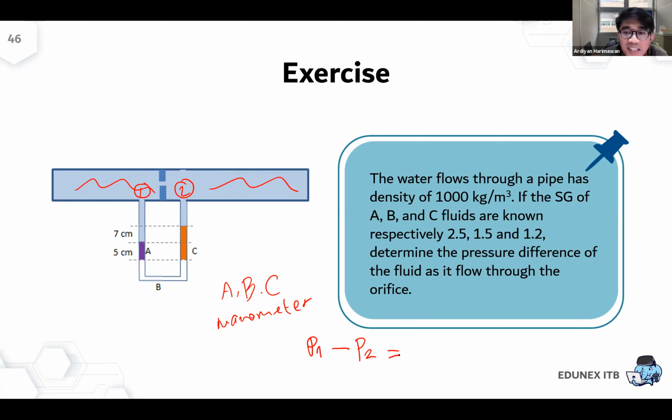Have you tried this exercise? You need to try, then you will understand the problem. It looks simple, but later you will know there's some problems with this.